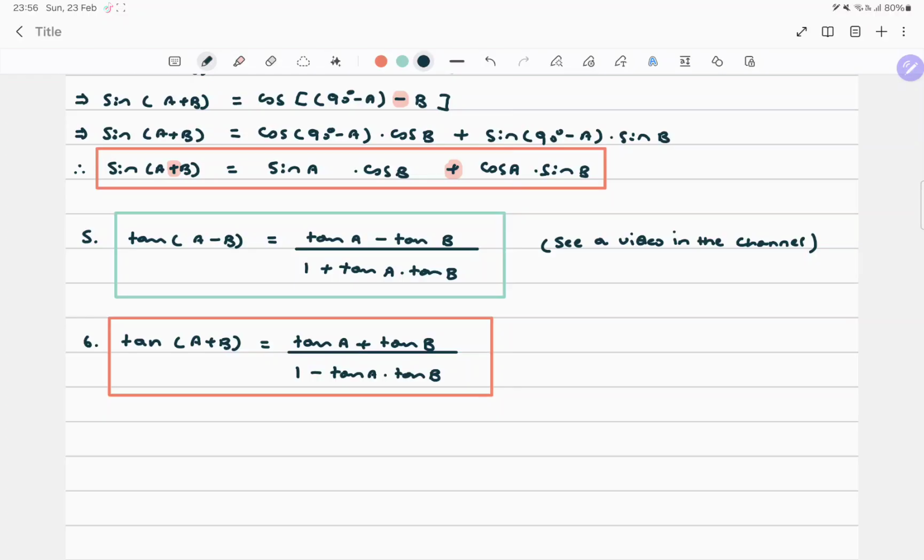So with us, we were not given these ones in the information sheet. And actually, these were examinable. Those were the 2 compound angle identities that were examinable, because they were never provided in the information sheet, but they were required. As you will see on the videos that I did for the paper I wrote in 2005, you will see that the tan compound angle identity or double angle identity came up.